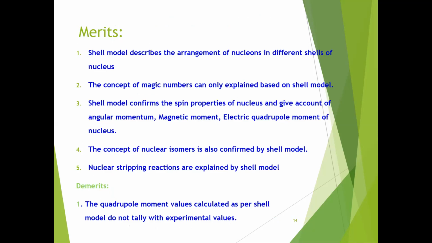The merits of this shell model: the shell model describes the arrangement of nucleons in different shells of the nucleus, and the concept of magic numbers can be explained based on the shell model. Number 3, the shell model confirms the spin properties of the nucleus and gives an account of angular momentum, magnetic moment and electric quadrupole moment of the nucleus.